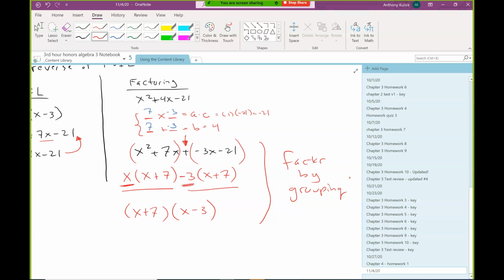There are going to be times where we're going to have to factor using this method, and other times where we can employ some shortcuts to not have to do this full method. But you do need to know how to do the full method. So until I've told you to, I do need to see the factor by grouping steps going on, including in your homework.